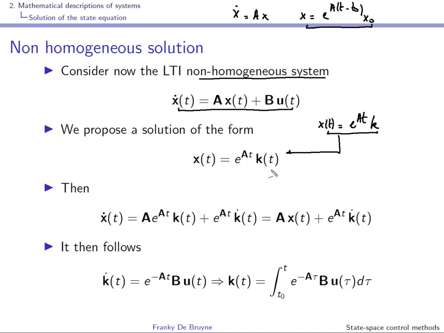This is the solution that we propose using the method of variation of a constant. We have to plug it in, so we need to compute x dot, so we need to compute the derivative of a product. So this will be the derivative of the exponential times k, first term, plus the exponential times the derivative of k.